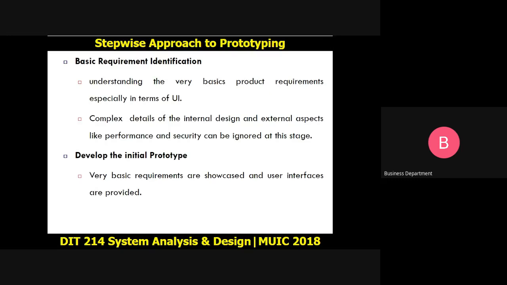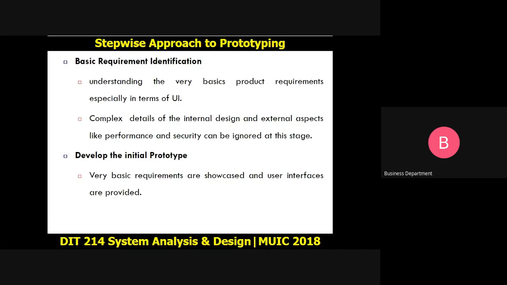So look at it from this angle: number one, you have to understand the requirements first. Once you understand the requirements, you have to communicate these requirements back to the user or the client. And for you to communicate the requirements back to the client, or the person who shall be using the system, you have to do an initial prototype.